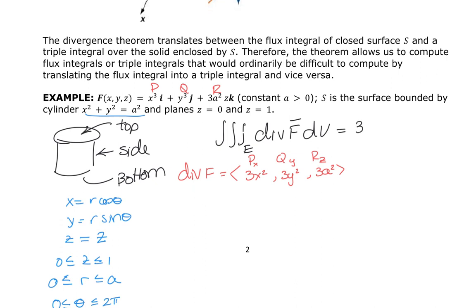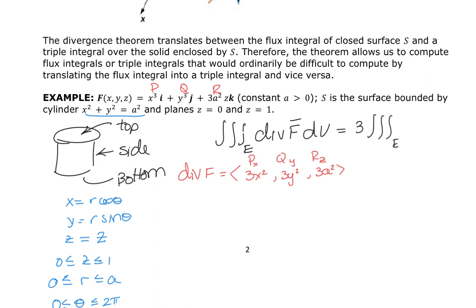I'm not going to decide how I'm going to do the order, but I am going to need an r dr, a d theta, and a dz, because that'll be the volume, right? Because we parameterize in terms of r sine and r cosine. So I'm cylindrical, so that means I need to always have that r dr dz. We could talk about the Jacobian that produced that in other videos. We've talked about it in class.